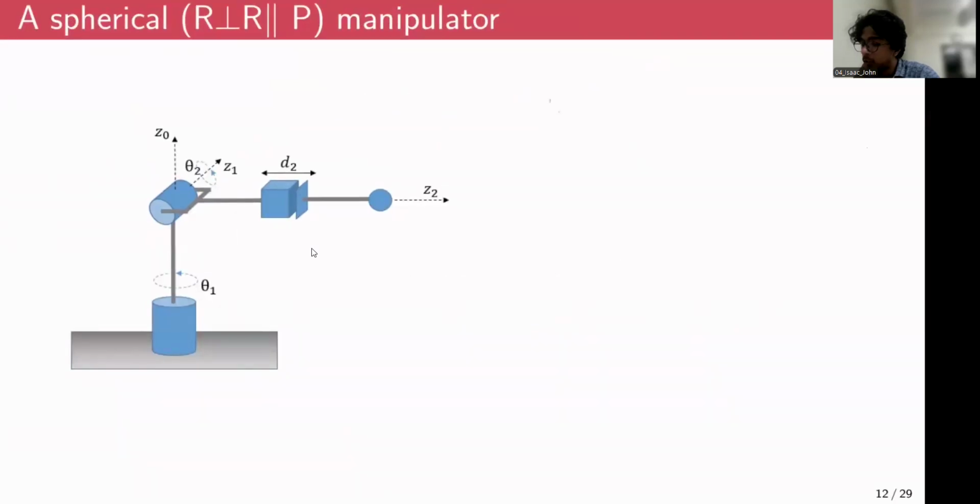Now we will do one more example. This is a spatial manipulator which has 3 degrees of freedom. So I'll show what this manipulator would look like. You have a base. You can consider this to be part of a base, which is fixed to the ground.